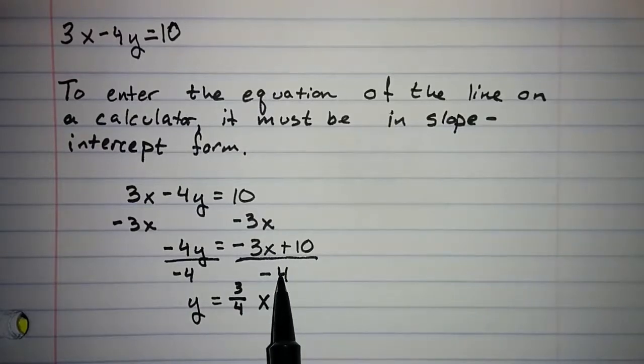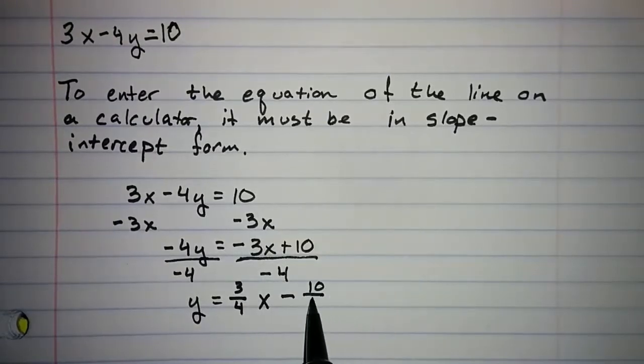Positive 10 divided by negative 4, though, well, that's going to be negative 10/4. I could simplify that fraction, but I don't have to, because my goal is to get this thing into the calculator. So how do I enter this?